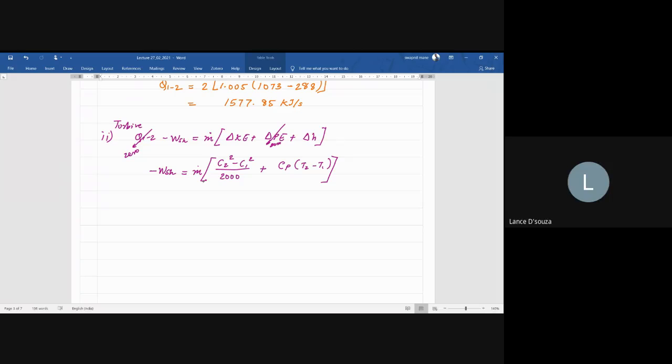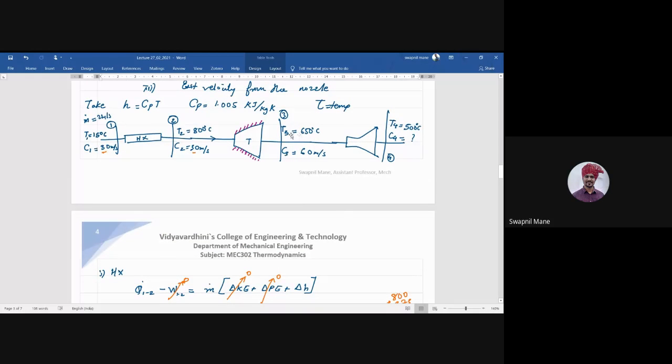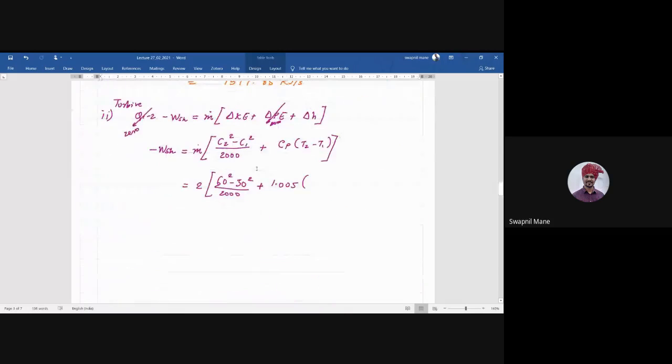Okay, sir. So we will now substitute. So here it becomes 2 into 60 square minus 30 square by 2000, plus 1.005 into, what is T2? T3 and T2 it should be actually. T3 and T2.